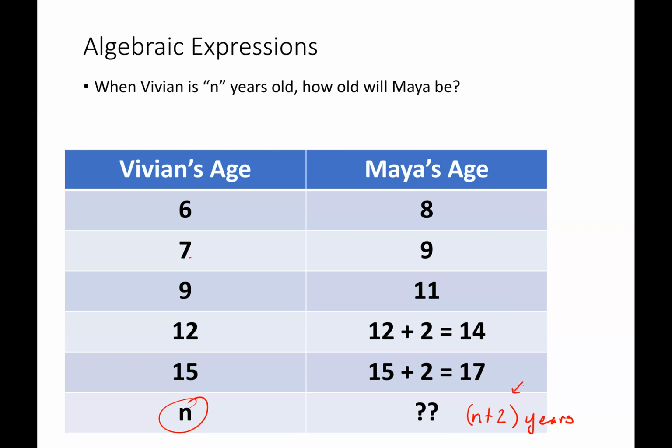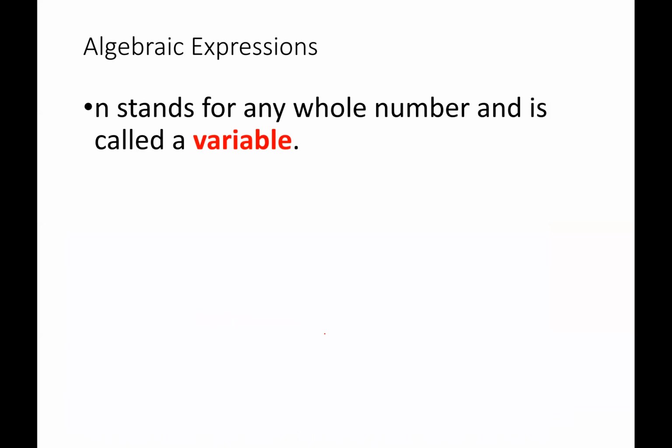An algebraic expression just shows us some math that we can't do, basically. It shows us a formula that we could plug a number into and solve later, but we don't have enough information right now to solve that. Okay, so on your next slide, underneath that table there, we're going to do some fill in the blanks here. N stands for any whole number and is called a variable.